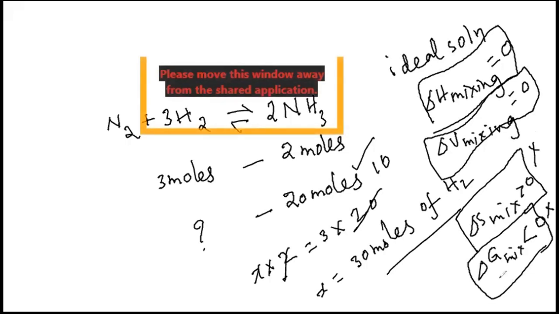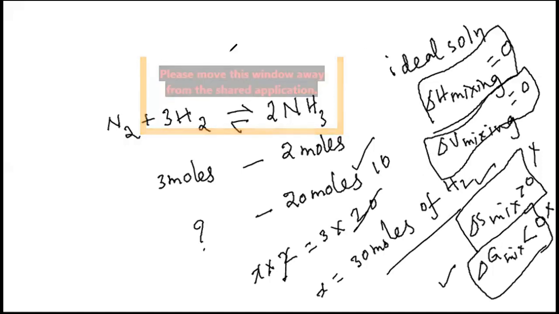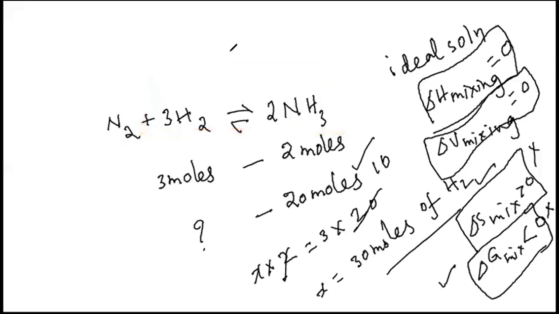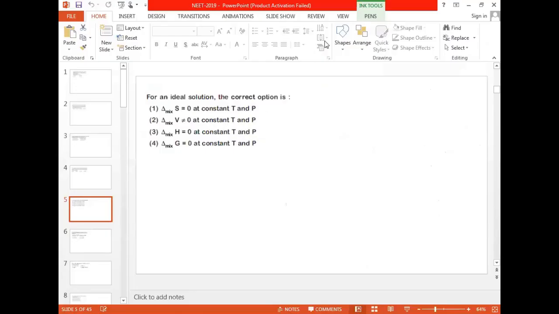And if the mixing is easier, we can consider the process as spontaneous. That is the reason we are taking delta S mixing greater than 0 and delta G mixing less than 0. That is the reason we are going with option 3, right? Option 3 is the right answer for the given question.